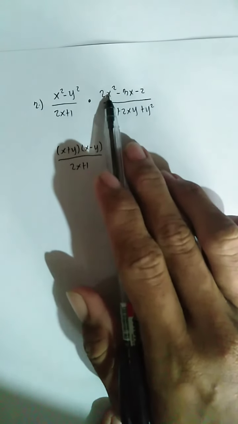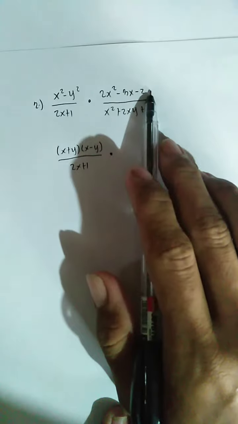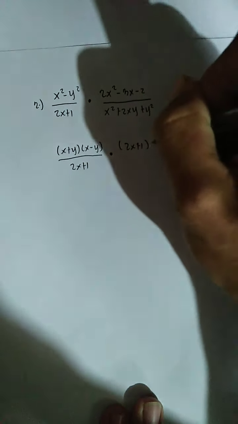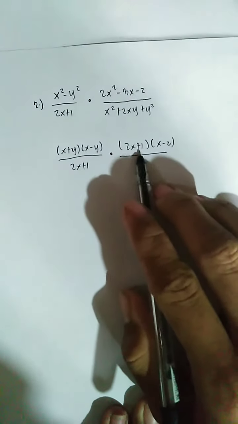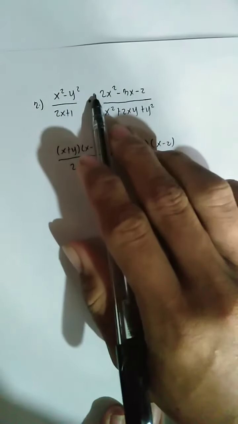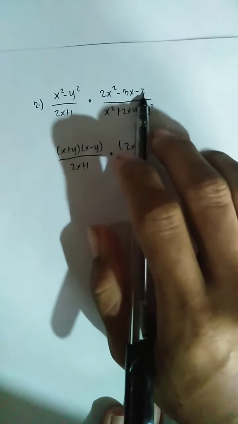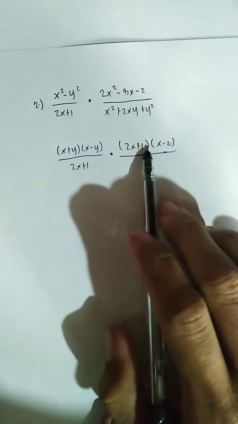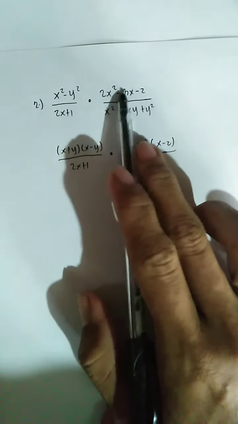In this form, 2x squared minus 3x minus 2, the factors will be 2x plus 1 and x minus 2. By multiplying 2x plus 1 and x minus 2, you can get the original form of the expression, 2x squared minus 3x minus 2.